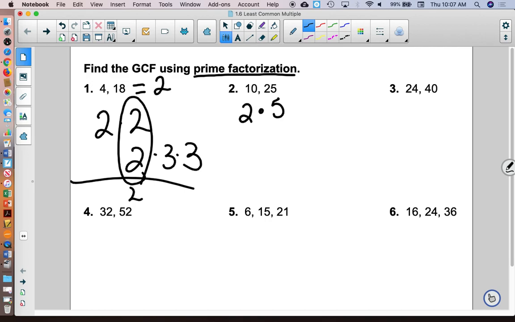There you go. What's the GCF of 10 and 25, Leah? 5, because these two get married. There's my 5. There is not a partner for the others.